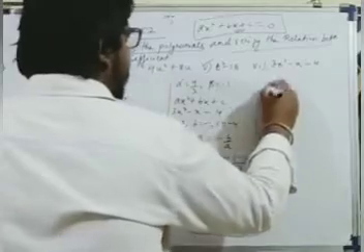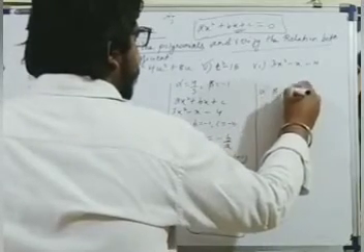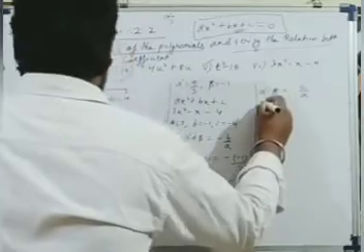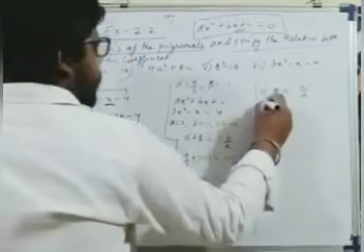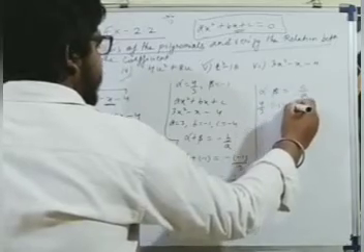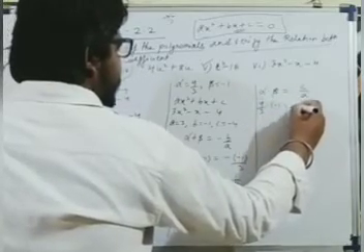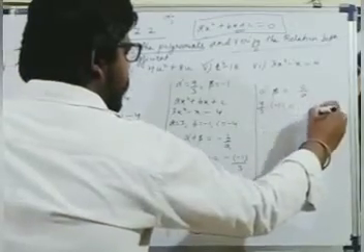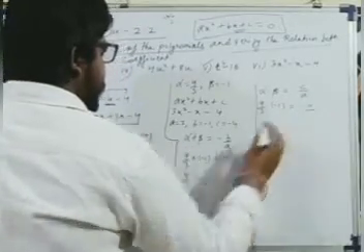Then move to the next expression. Alpha into beta equals what? C by a. Alpha is 4 by 3 and beta is minus 1. Then c is minus 4 and a is 3.